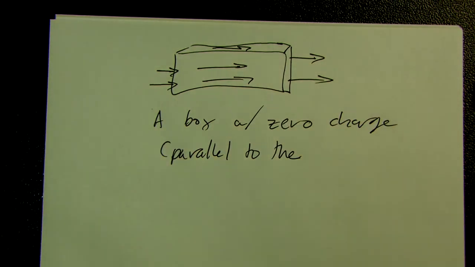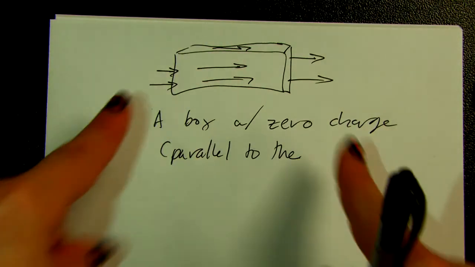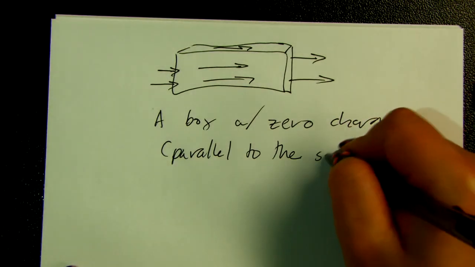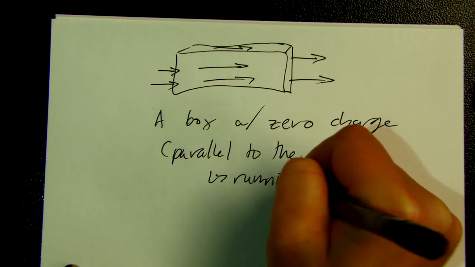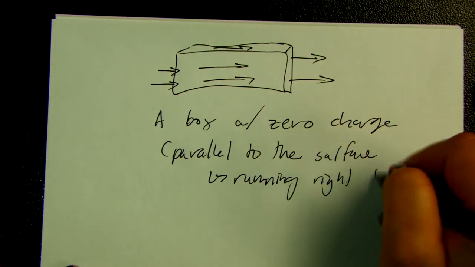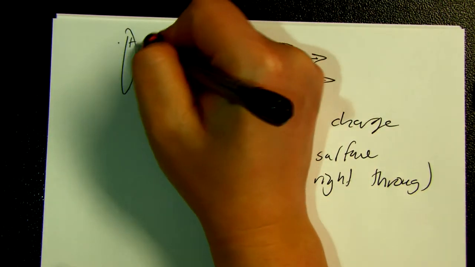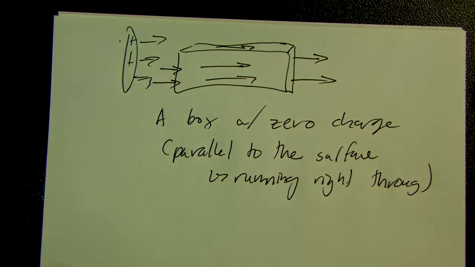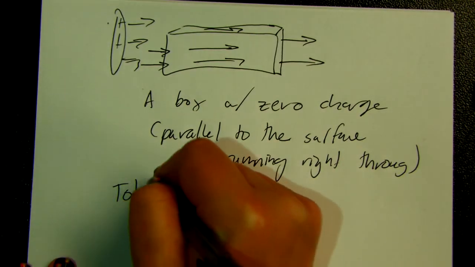It's not pointing towards something that must be inside. There's something else outside of this area that is emanating that field, and it has nothing to do with this box that we have drawn. So parallel to the surface, running right through. Maybe there's a positive plate here emanating these field lines, but it's not inside the box. So for this particular box, the total flux is 0.